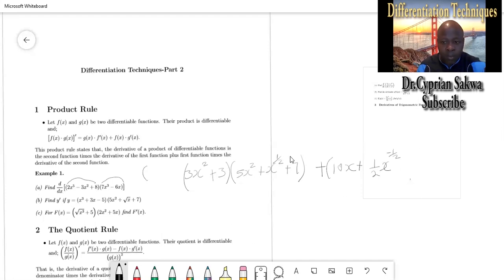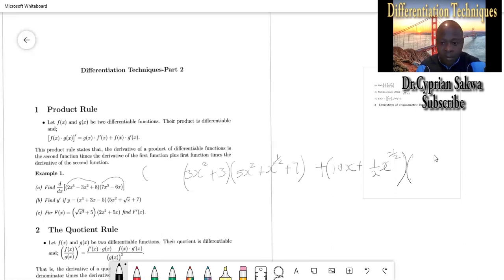Yes, when you subtract 1, then you get negative a half. And these are constants, so it will be 0. Then multiply by the first function. Let me just be sure that I'm differentiating for part B and not A, because you're likely to differentiate for part A when you're answering the question for part B.